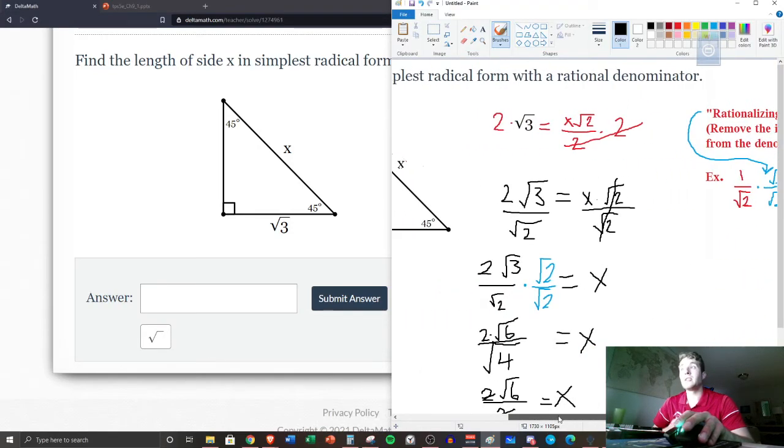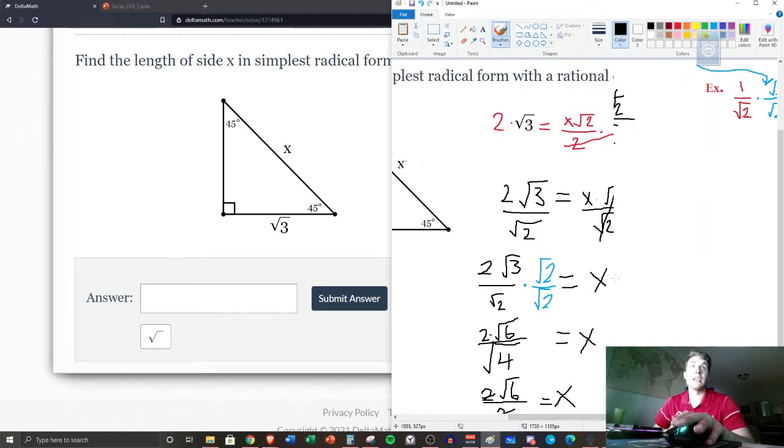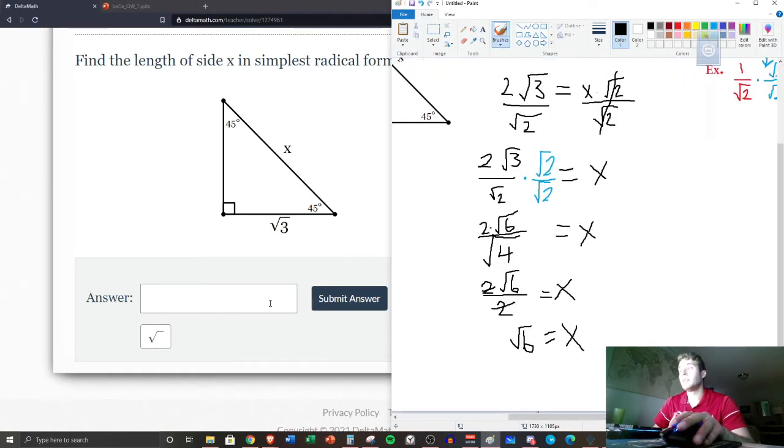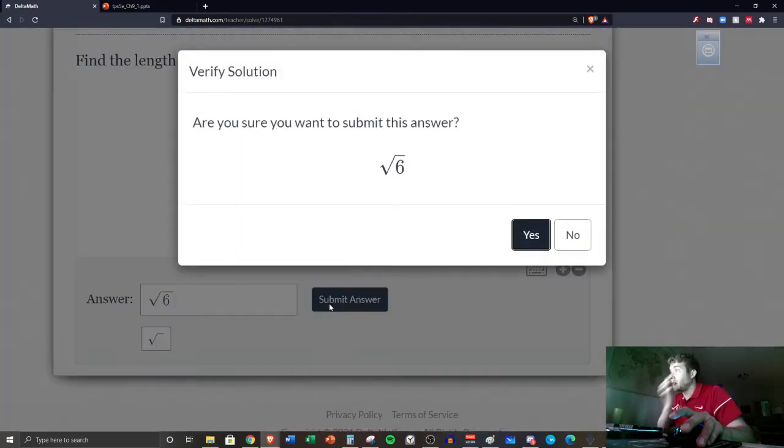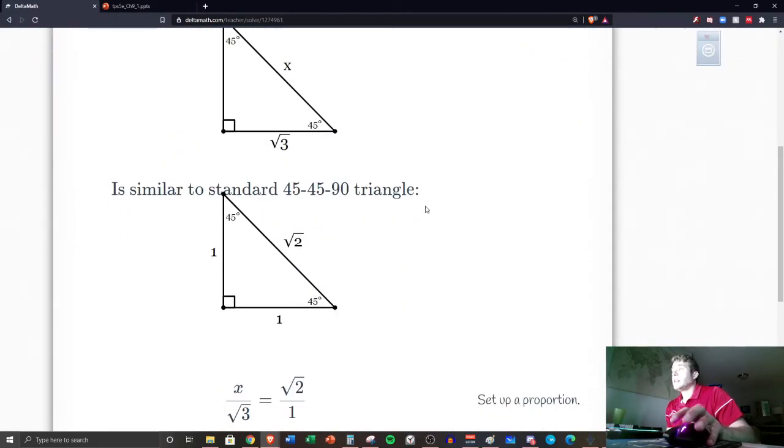So it is very, very likely you'll see it again at some point, if not next year, your senior year, if you're taking stats with me. We don't really do that a lot, I don't think at all. But if you're taking pre-cal, absolutely. Calculus, absolutely. Or college algebra, if you're doing dual enrollment, it's very likely that it'll pop up. So the answer is square root 6. Okay. All right. There we go.